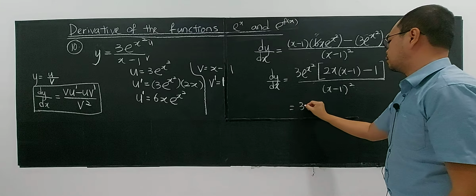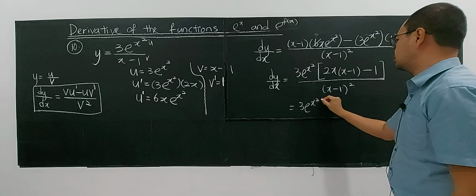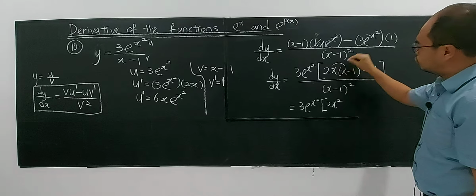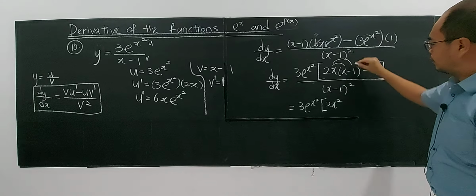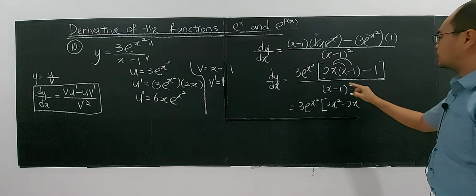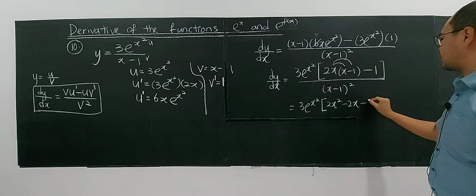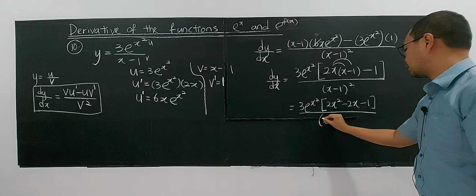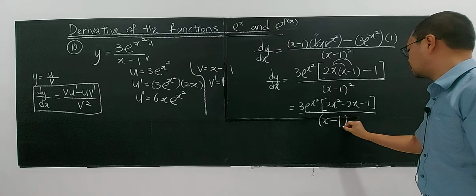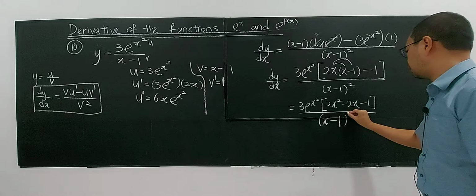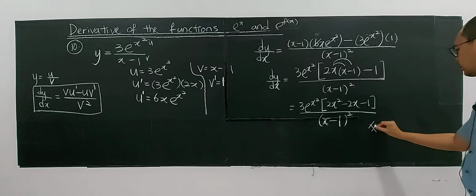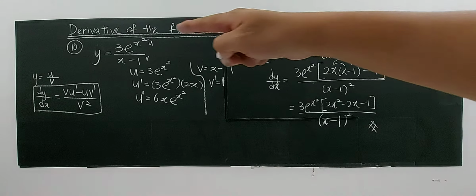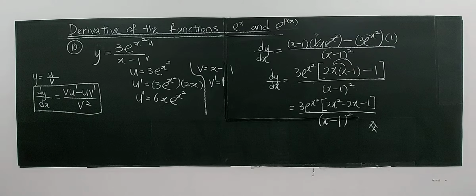Then you're getting 3e^(x squared) times (2x squared, negative 2x, negative 1), divided by (x minus 1) to the power of 2. So this will be your derivative of this function by using the quotient rule.